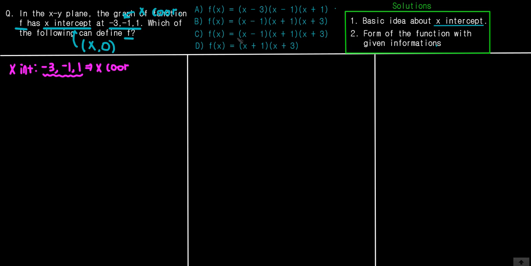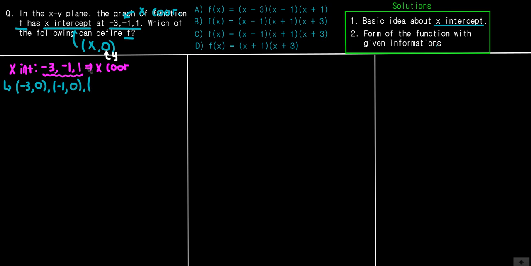At first, the x value is -3, and according to the x-intercept definition, the y value should always be equal to 0. The same thing with the next one: the x value is -1, and the y value should always be equal to 0, and that's what the x-intercept means.